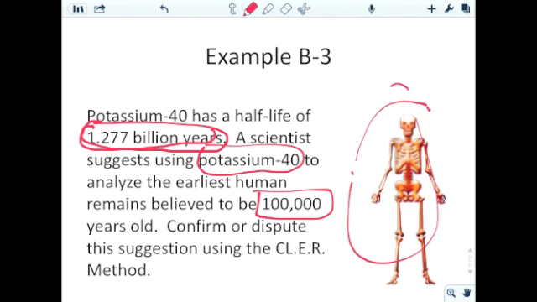And so we wouldn't even have any particles decaying since 100,000 years. And so we wouldn't even have one half-life to be observed, and so therefore we could not use potassium 40 to confirm any human life 100,000 years ago.